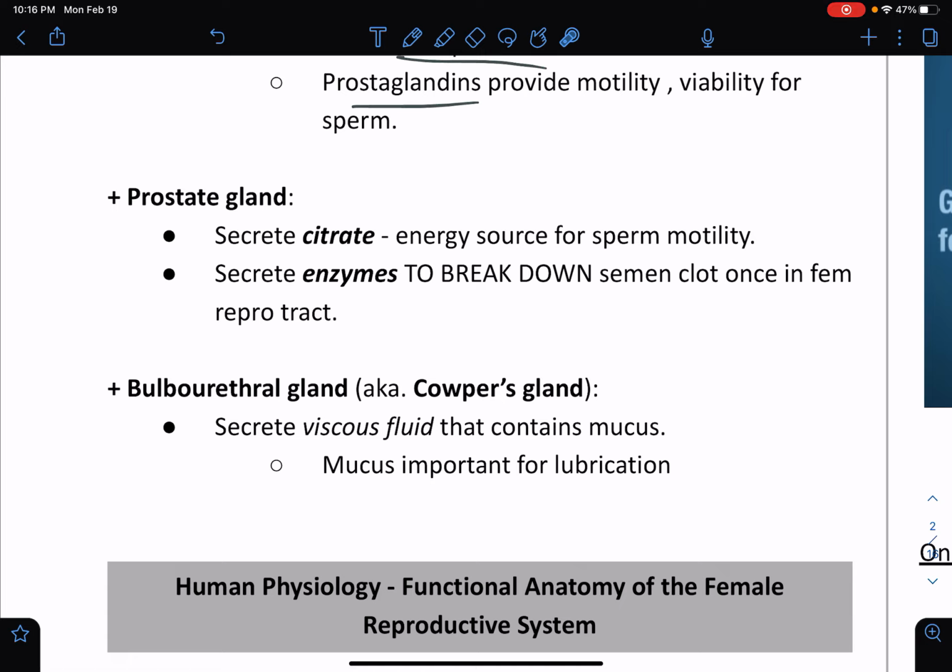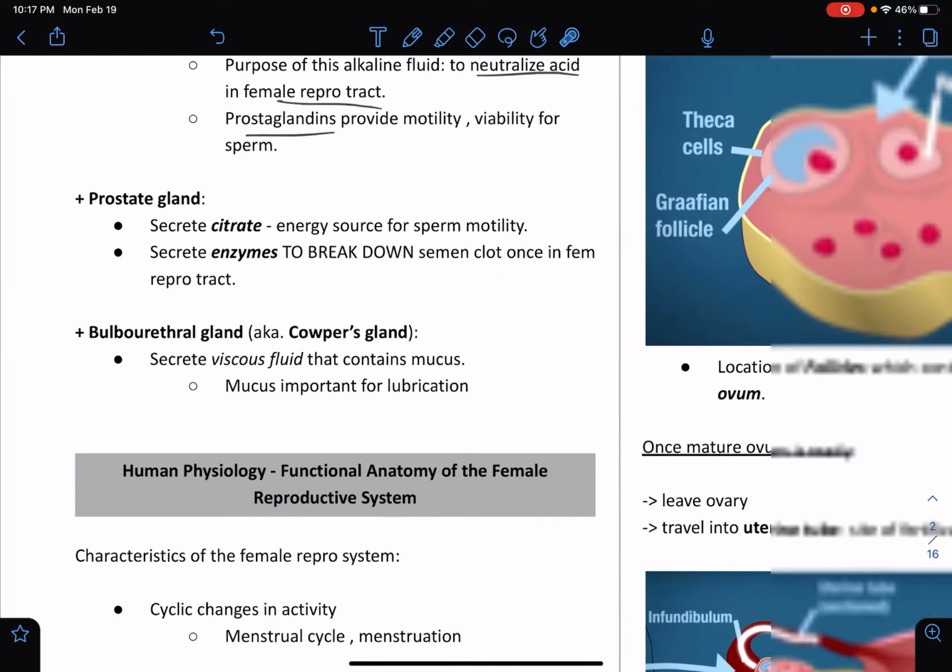So, for the bulbourethral gland, or in other words, Cowper's gland, this is responsible for secreting viscous fluid that contains mucus. This kind of mucus is important for lubrication. So, if you don't want to memorize the word bulbourethral, you can just say Cowper's. They're essentially the same thing.